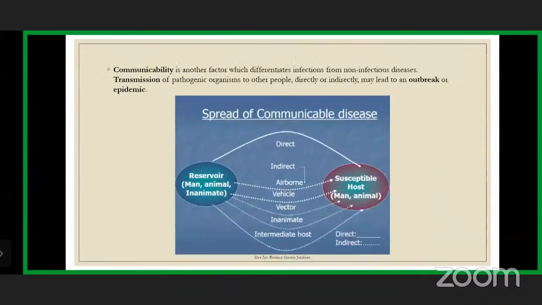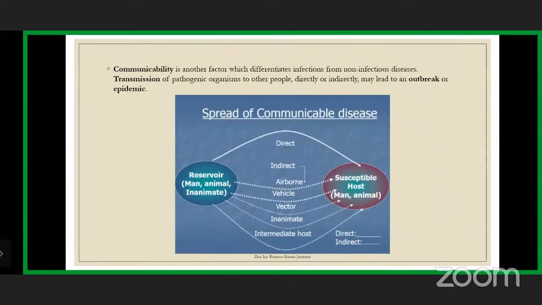Going ahead. This slide is showing us communicability. That is another factor which differentiates infections from non-infectious diseases. To consider these vehicles, these ways, these steps for being infected, how to spread a communicable disease, it happens.